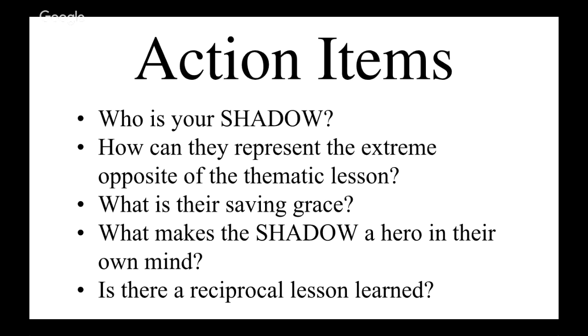And then, is there a reciprocal lesson learned? This is actually something important. At the end, in the climactic moment of the story, you can have what's called a reciprocal lesson, which means that not only does the shadow learn that they were wrong, but the hero also learns that they were wrong as well. So both, in a sense, had a point to what they were doing. And this is a very powerful way to storytell, because in a sense, you're showing that there is no perfect solution to the problem.